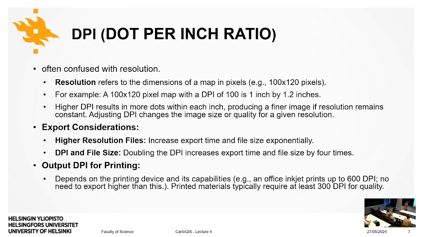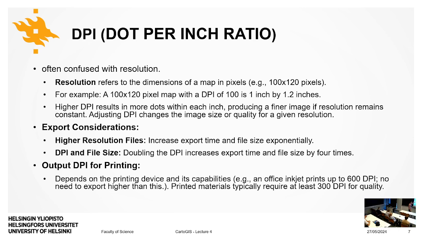It's a property of the printer: how many dots it can print per inch on your map. Resolution refers to the dimensions of the map in pixels. Resolution is most relevant when you're printing a map, but also when you have a digital representation. But DPI is what you should think about when you're exporting the map for printing.